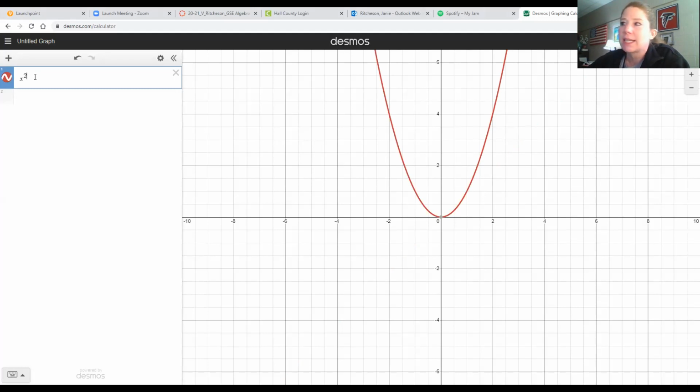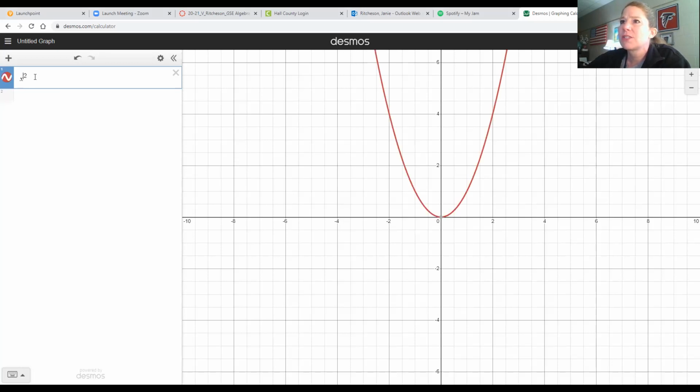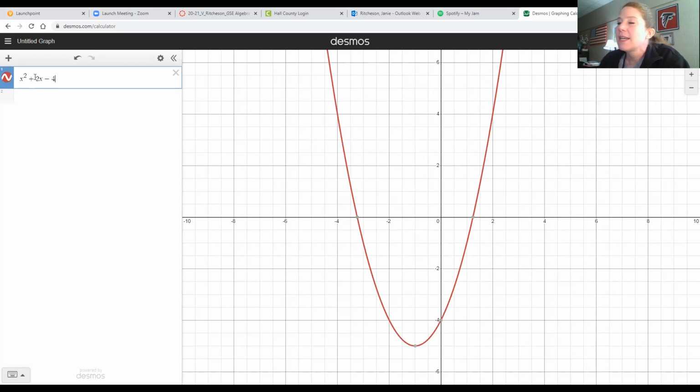Look, immediately I get a quadratic equation. So we'll say plus 2x. Ooh, that is not what I wanted. What did I just do? We're going to do plus 2x minus 4. Okay, did you see every time I typed in a number, my graph jumped around?